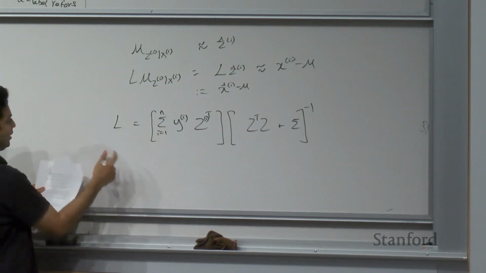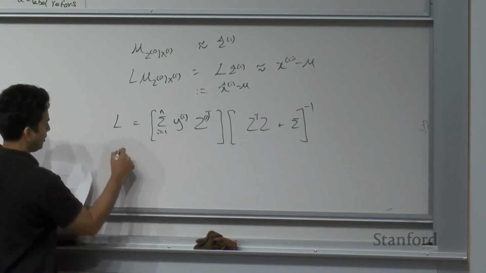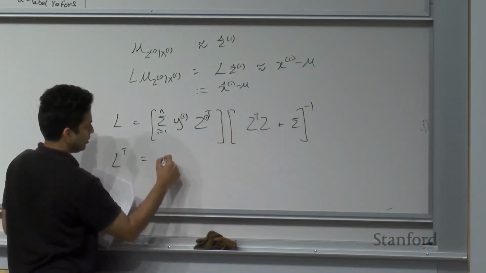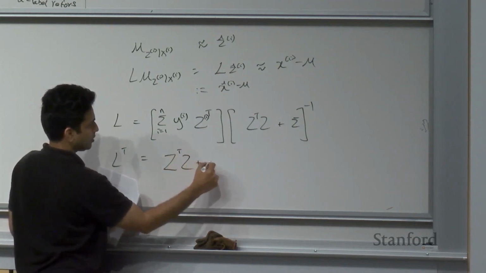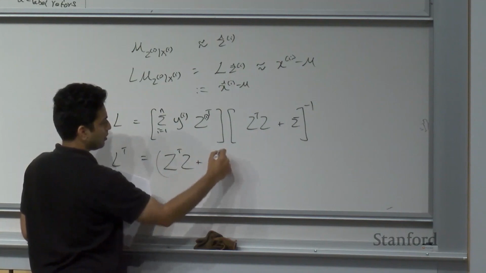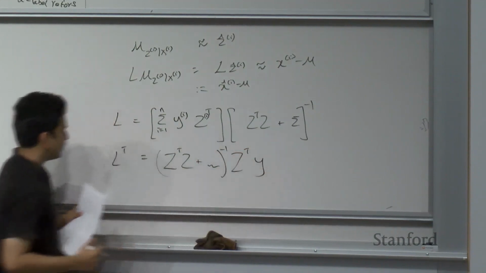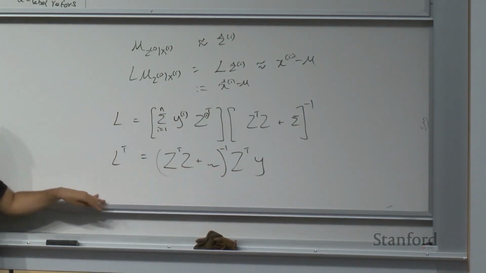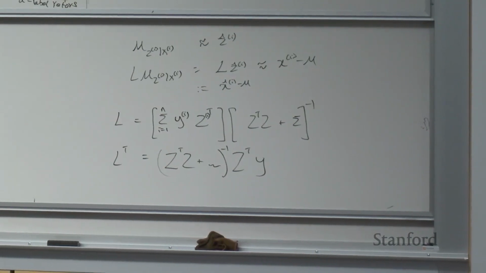So this is basically like L transpose is equal to Z transpose Z plus something inverse, times Z transpose y. So basically we are doing some kind of a regularized linear regression, right? That's what's happening in the L expression over there. So we make our best guesses about z.